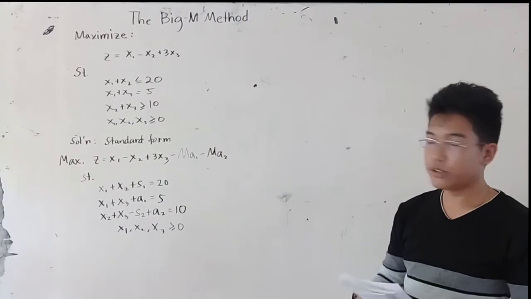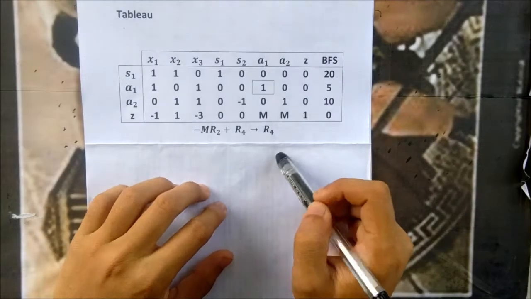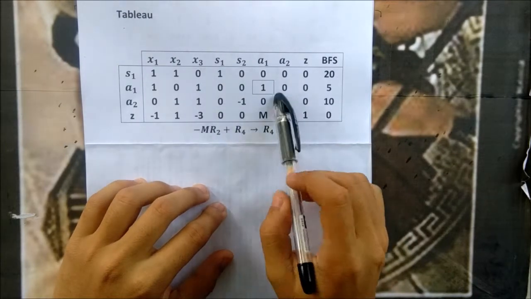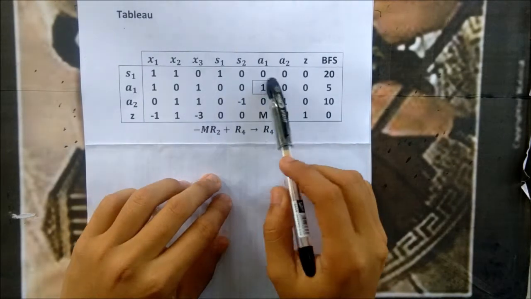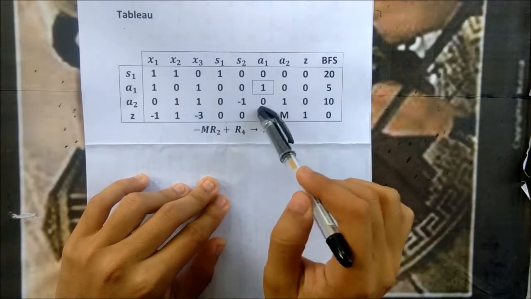Now we can use this as our tableau. To make our first tableau, we use what we learned about simplex method in making the matrix.